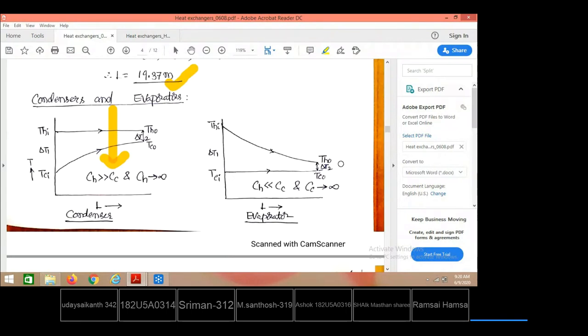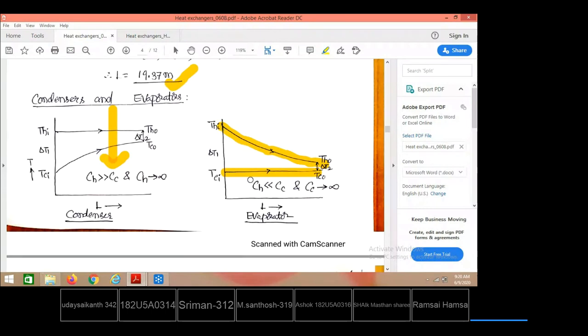Hot fluid is dropping the temperature. Cold fluid is remaining at constant temperature. In the case of evaporators and condensers, one of the fluids is undergoing the phase change. In the case of evaporator, the hot fluid remains constant.